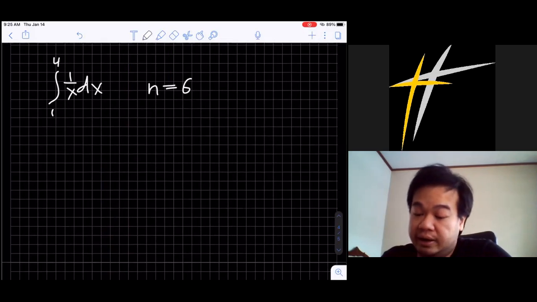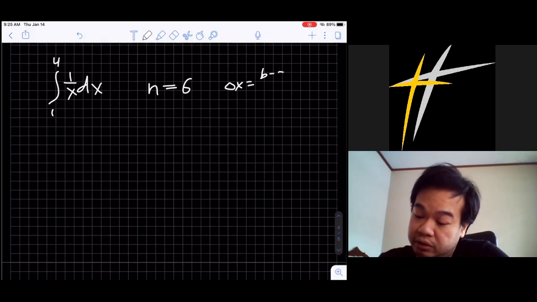And like I said, the delta x is the same, the base of each rectangle is the same. It means that delta x is equal to (b minus a) over n, and in this case, it's equal to 0.5.